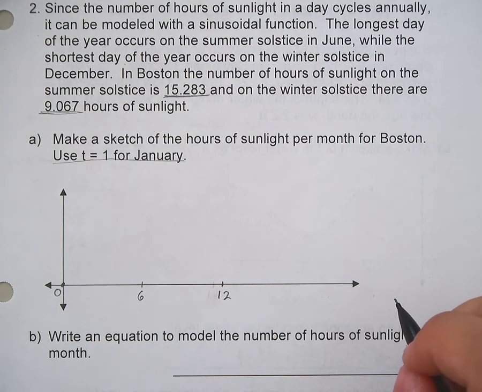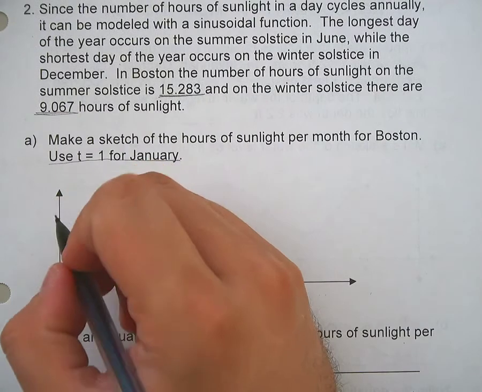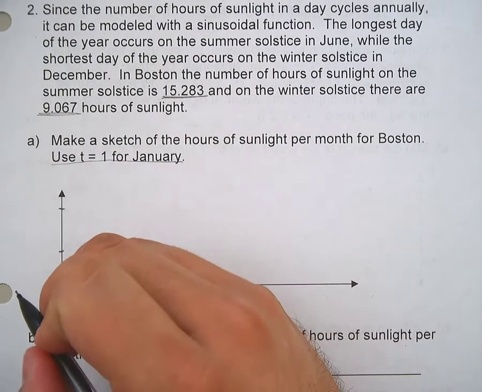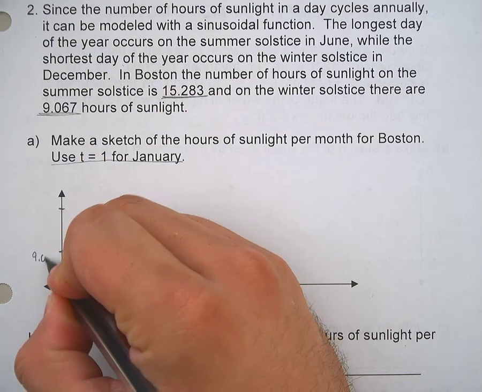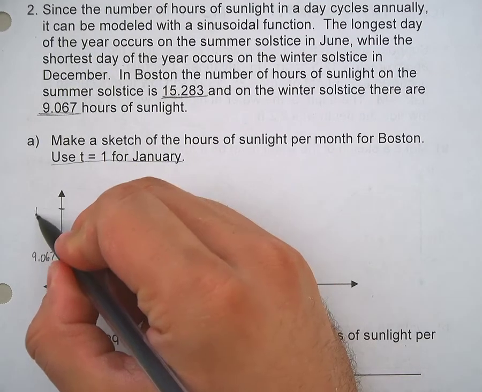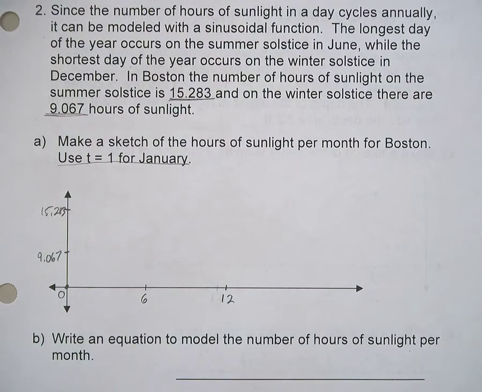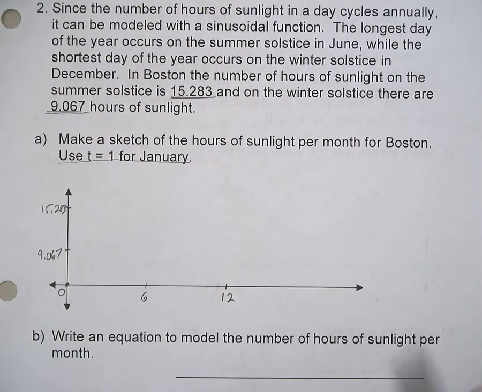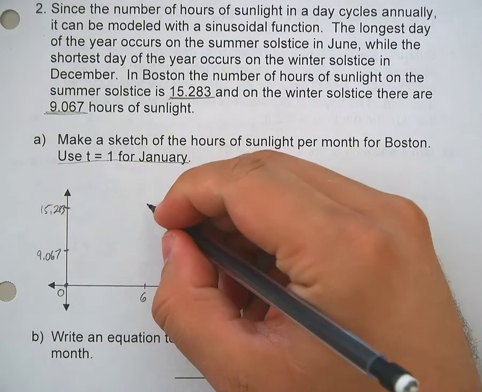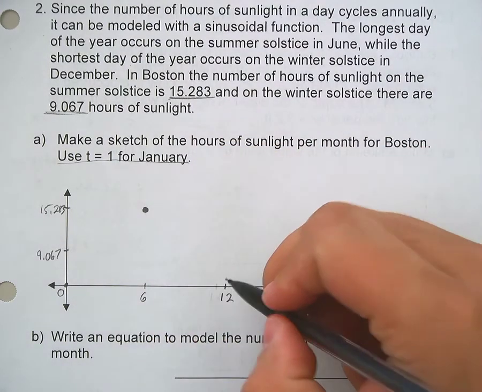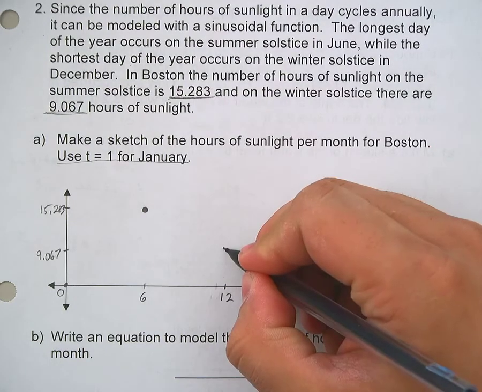All right, so from 6 to 12, and it says that the solstice hours are going to range from 9.067 to 15.283. And in June, it would be up here. In December, it would be down here.